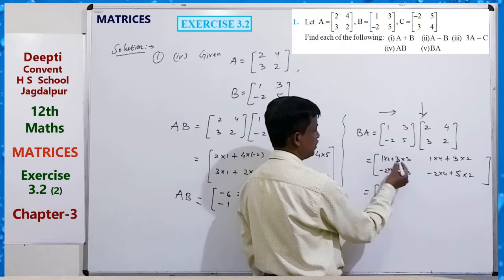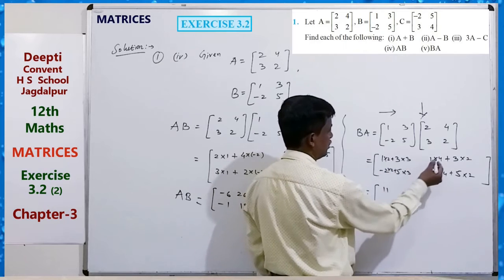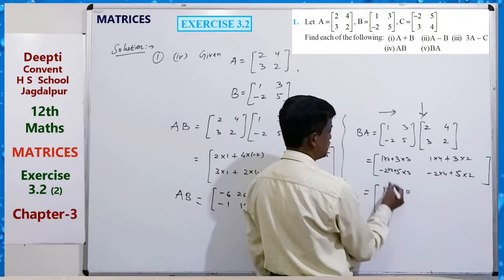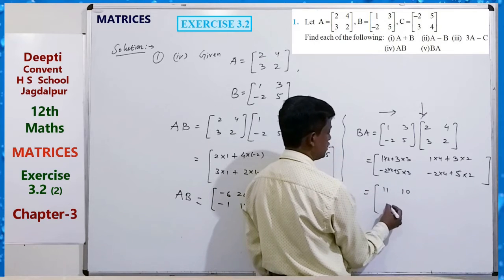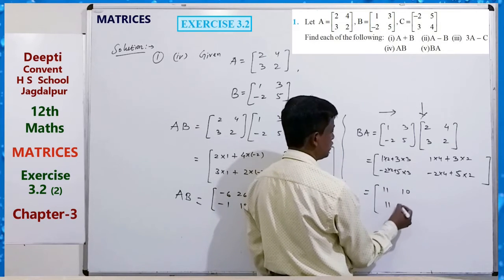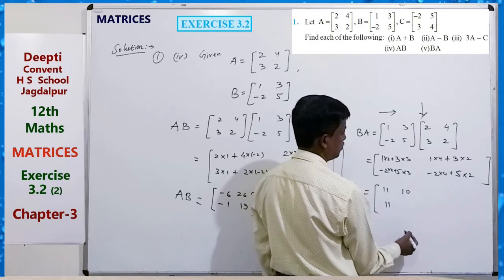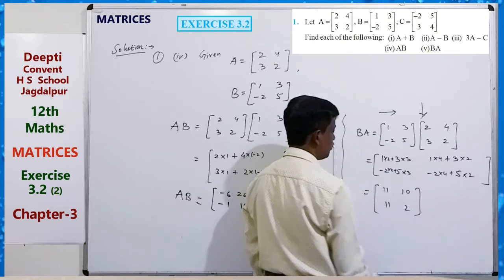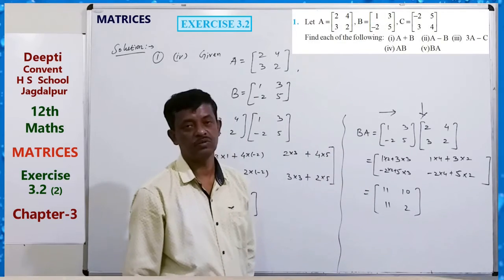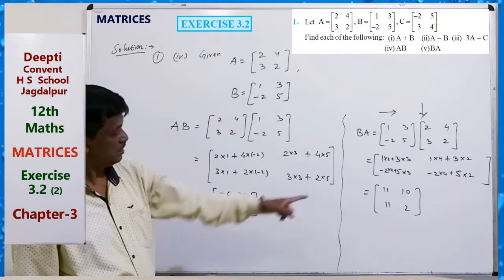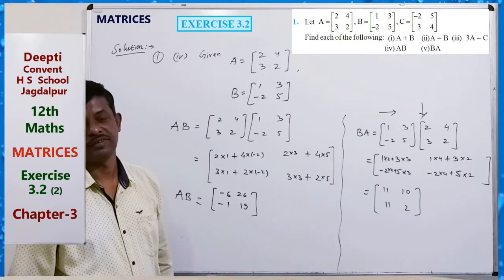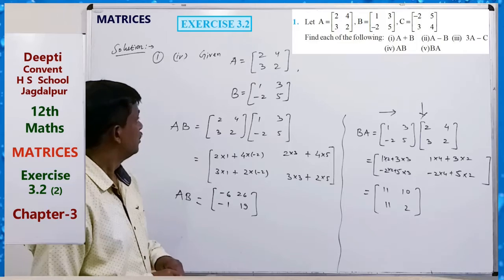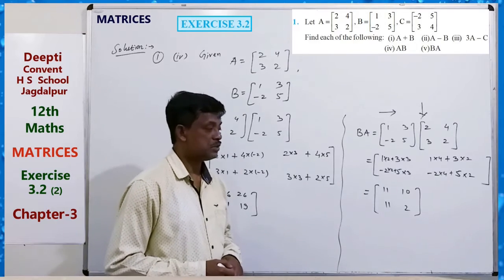So 2 plus 9, 11, 4 plus 6, 10, minus 4 plus 15, 11, minus 8 plus 10, 2. So we get 11, 10, 11, 2. So this is BA, this is AB, not equal. We can say that matrix multiplication is not commutative in general.